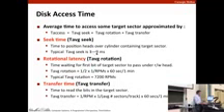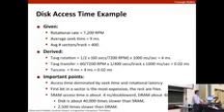Now the rotational latency, the time that it takes to spin around, we'll call t-average rotation, and the time it takes to read the bits we'll call t-average transfer. So we have t-average seek, rotational latency, and transfer time. If we take some typical numbers and plug those in, you see that our seek time is on the order of milliseconds.